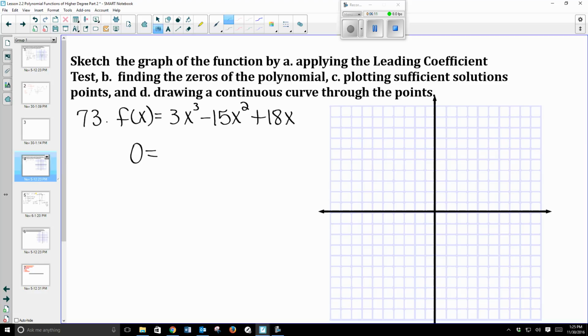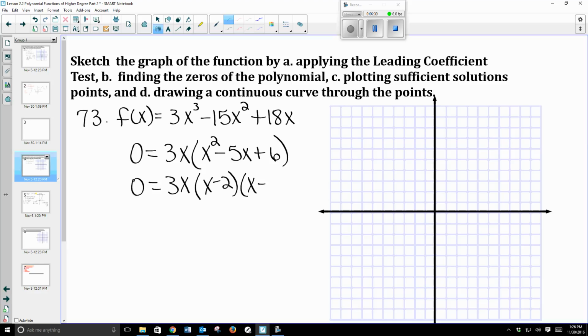So we first want to factor out a 3x. And that would be x minus 2 times x minus 3. Do I need to review factoring?